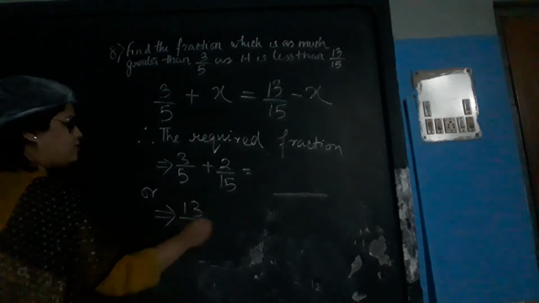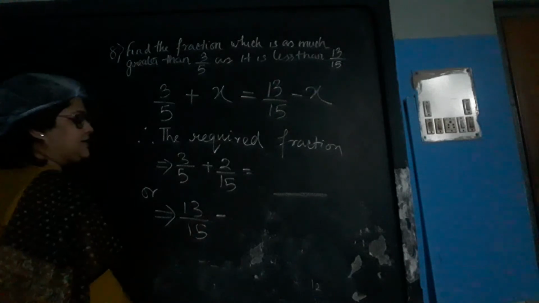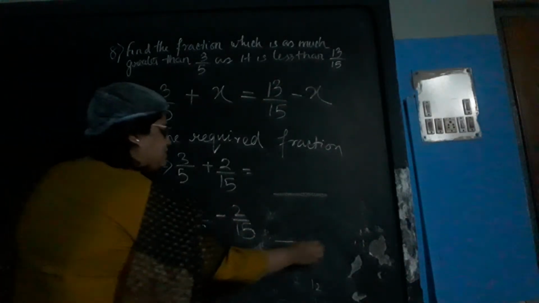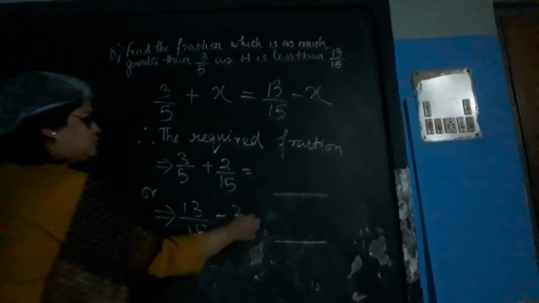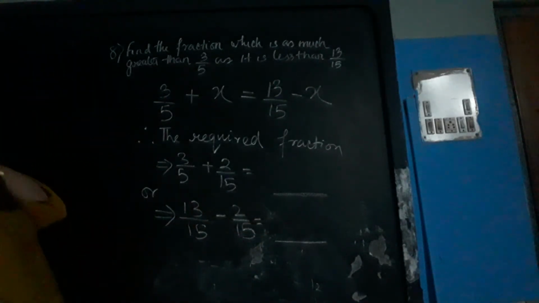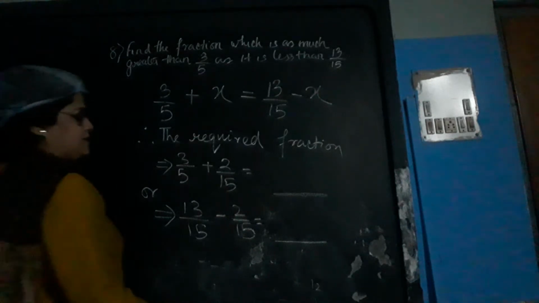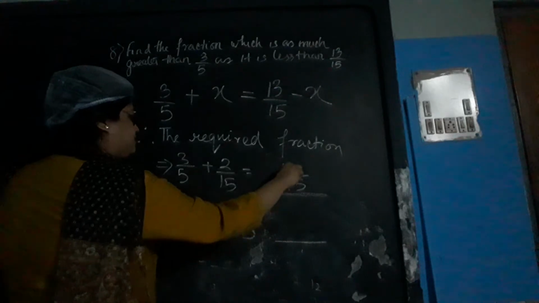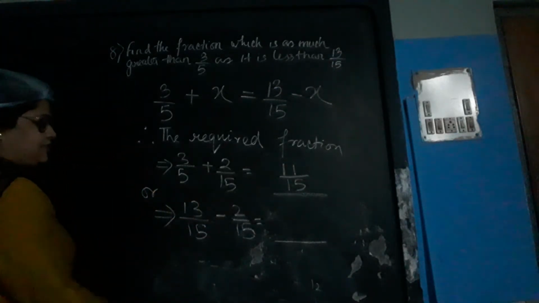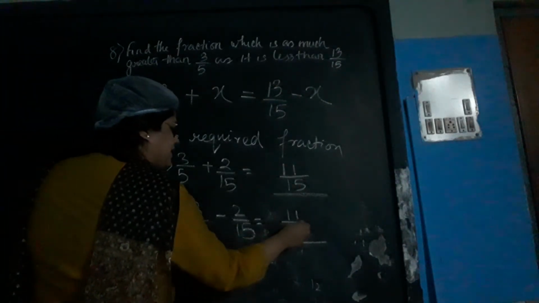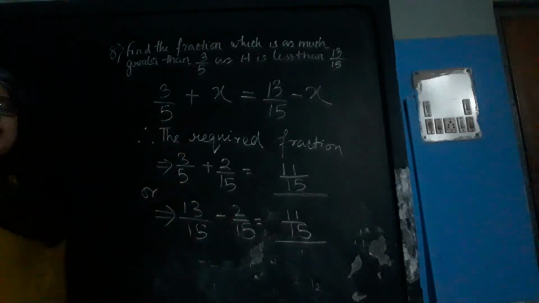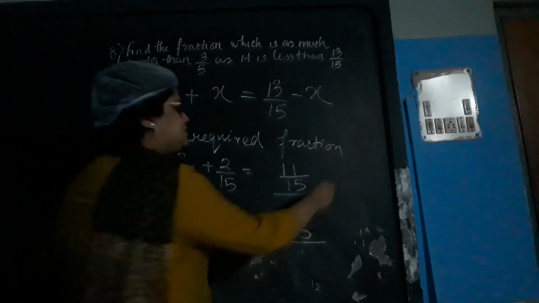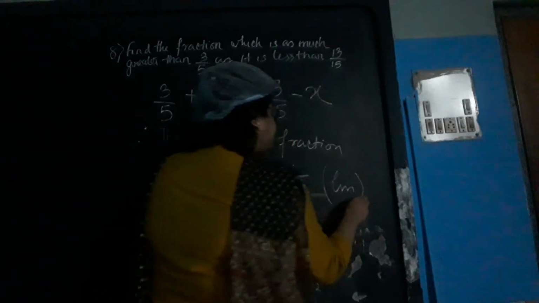Or from 13 by 15, if you subtract x, the value of x is 2 by 15, you will get the same answer. So you can do this too, and you will find that the answer is 11 by 15, in this case also 11 by 15. So the required fraction is 11 by 15, and this is our answer.